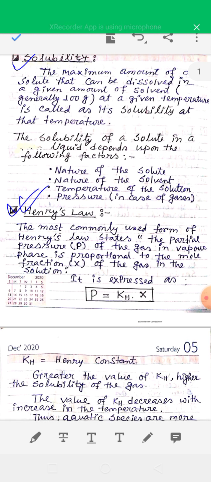For example, if at 40 degrees Celsius in 100 gram water 35 gram NaCl is dissolved, then the solubility of NaCl at 40 degrees Celsius is 35.